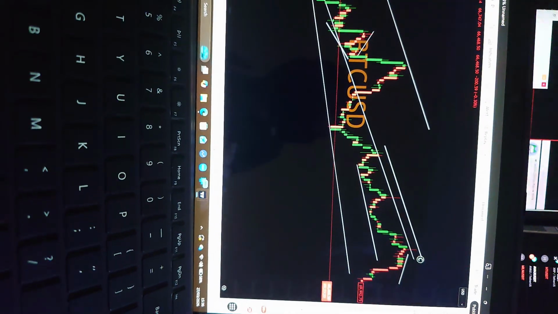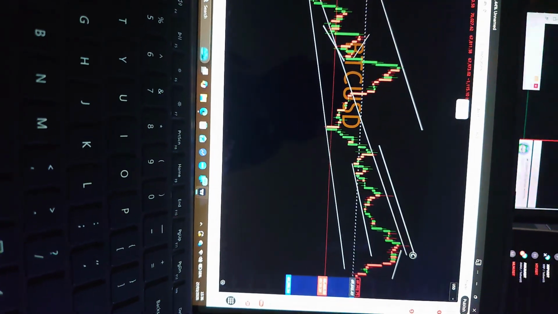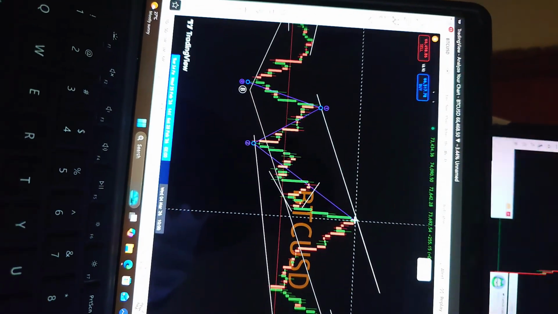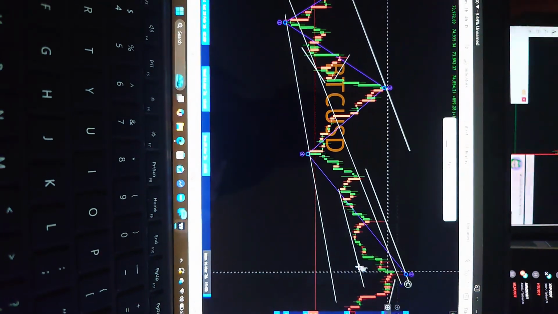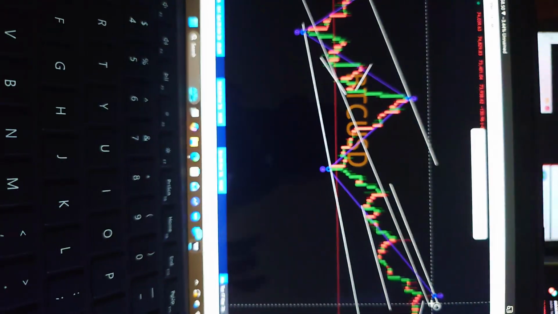But on exiting our sell, I told you guys that since we are now watching each and everything in an ending diagonal format, which I simply labeled as wave 1, wave 2, wave 3, wave 4, and wave 5 in purple, we are likely to receive another one that is going to take us to the upside.